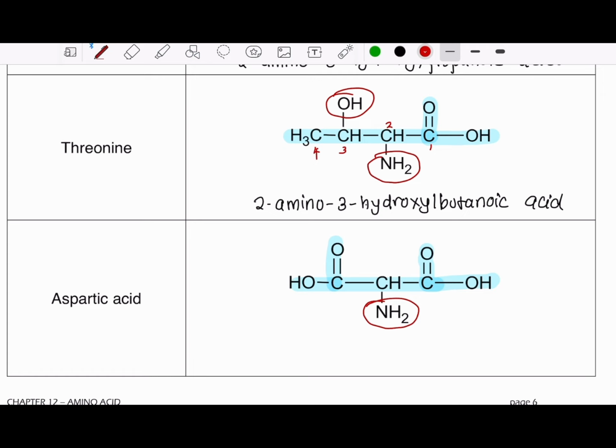We have 3 carbon, and this one will be 2-amino propandioic acid. That's how we give name to the amino acid in IUPAC rules.